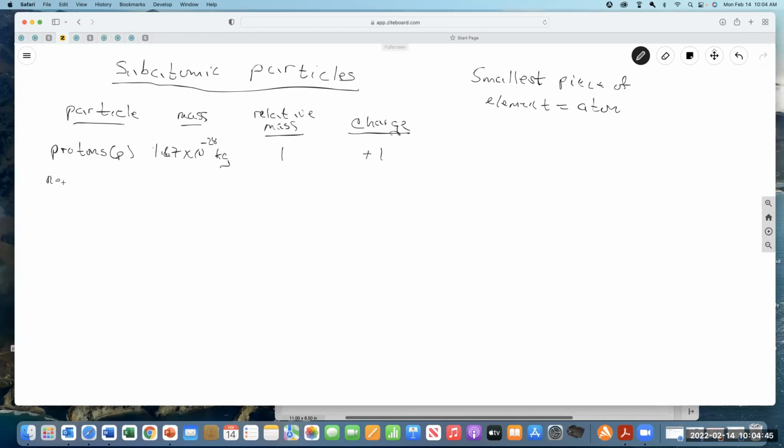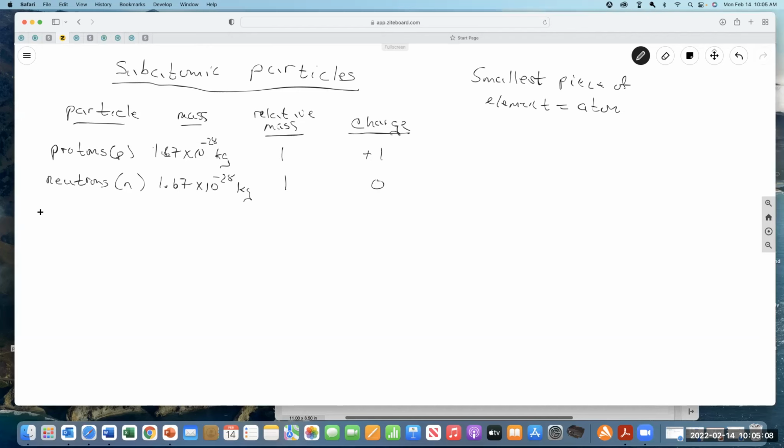Neutrons, I'm going to abbreviate them with an N. They have a mass very similar. It's actually the next decimal place. They're a little bit bigger, but we're not going to go there. They have a relative mass of 1, and they have a charge of 0. And remember, neutron like neutral.